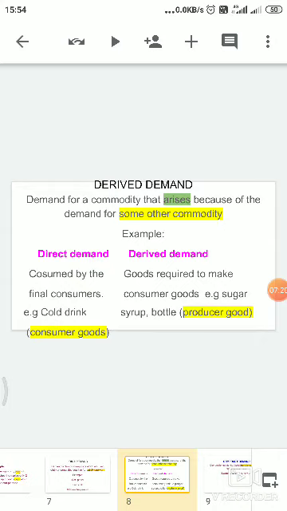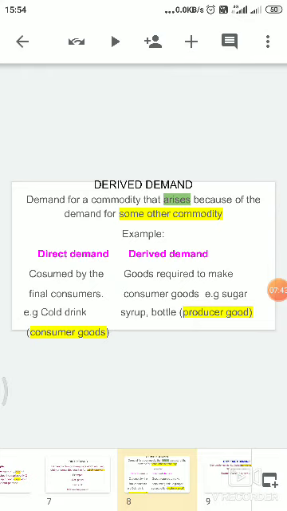Now, you are a consumer, you feel very thirsty. You go to a shop and you buy a cold drink. You are consuming it. You have taken that cold drink to consume. So, what type of good is a cold drink? It is a consumer good. It's a final good because you are consuming it.